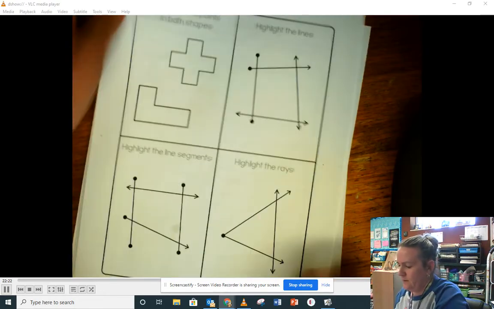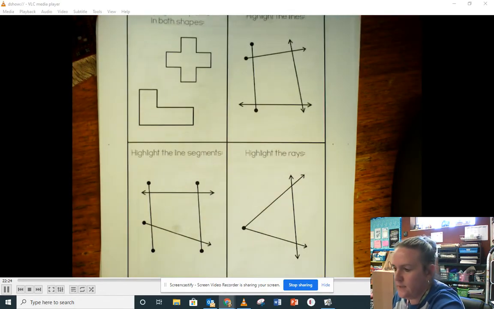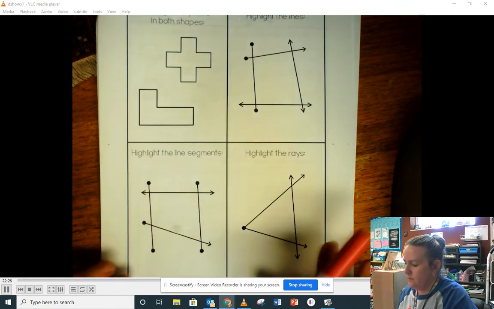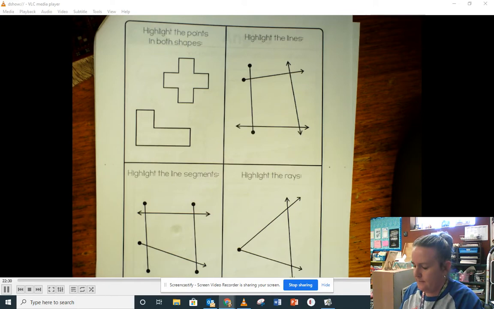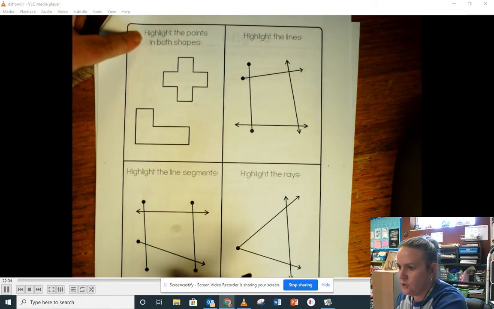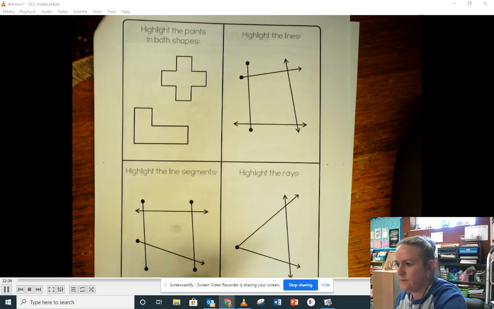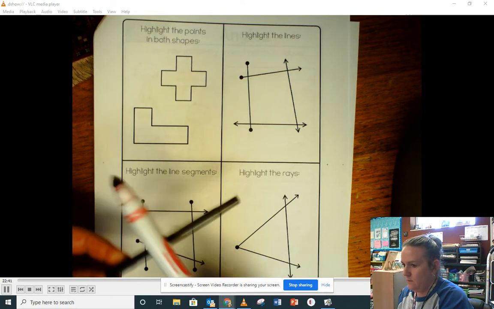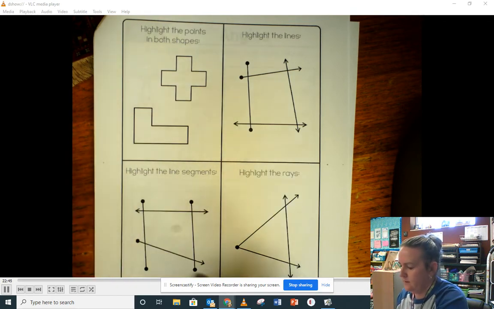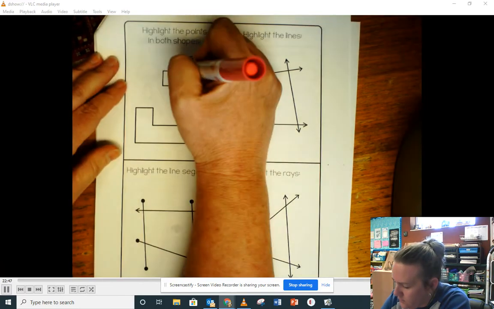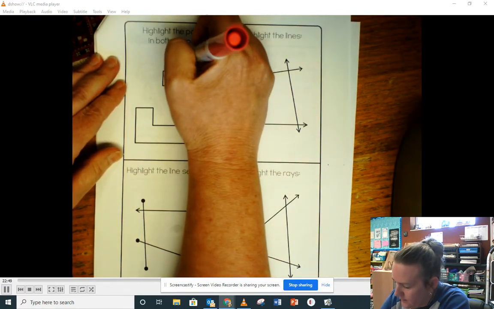So this is the part where we get to color. So we are taking what we learned about points and line segments and rays. And we are going to highlight the points in both shapes. So when we have two lines that come together, wherever they cross makes a single point. So all of our corners are points.